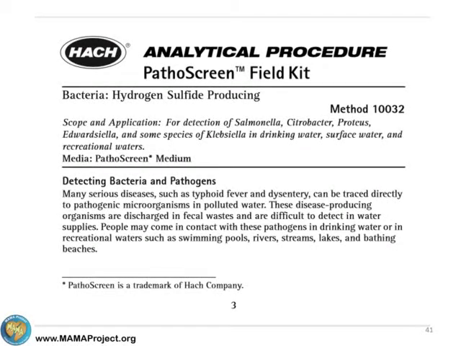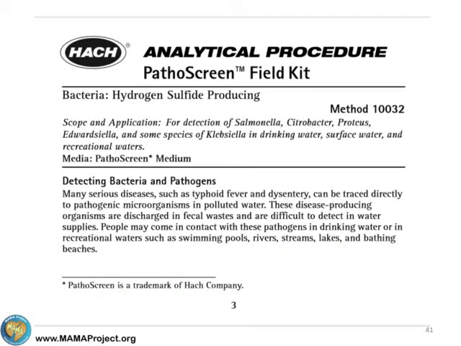Now, there is an interesting test that you can do if you're teaching and promoting the idea of purifying the water in the field. The Hach Company has an interesting procedure for showing that the water is indeed contaminated.